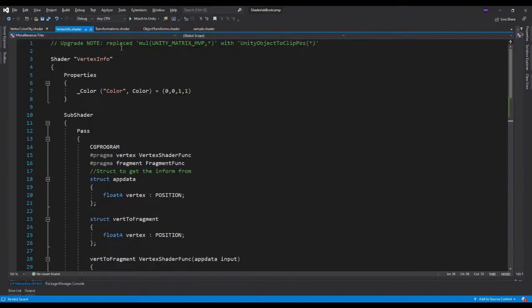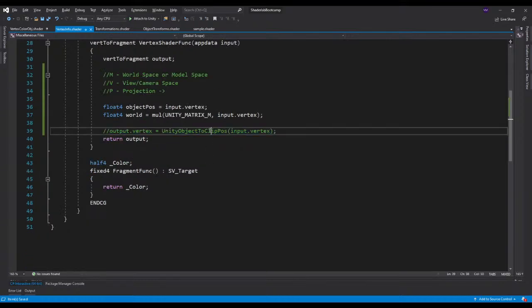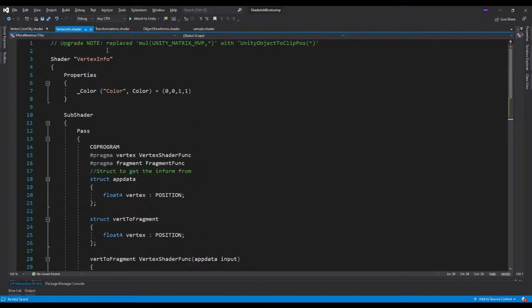So I would just like to tell you that when I typed Unity matrix MVP and multiplied it by the vertex, the object space, Unity put an upgrade note saying that it replaced multiply Unity matrix MVP with whatever your object space position is. It replaced it with this function because Unity provides that function by default.